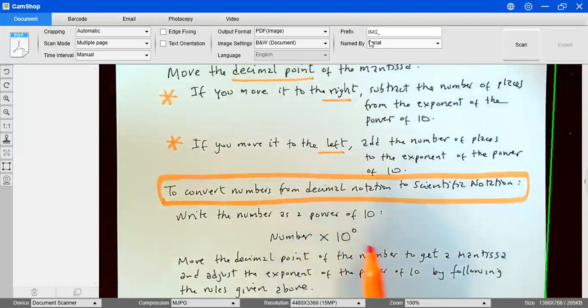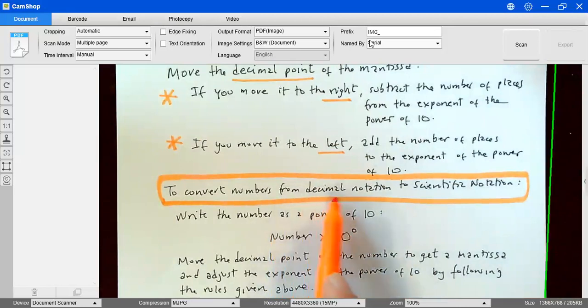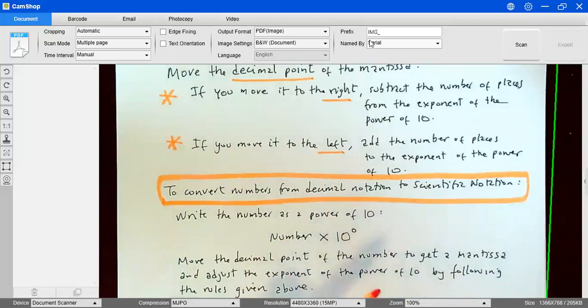So this is the trick that we're going to use to convert a number from decimal notation to scientific notation. We're going to start by writing the number, then times 10 to the 0, and then we're going to play with the decimal point of the number. We're going to move the decimal point to a location that gives us a number that qualifies to be a mantissa, and then you just count the number of places that you move the point and you adjust the exponent of the power of 10.